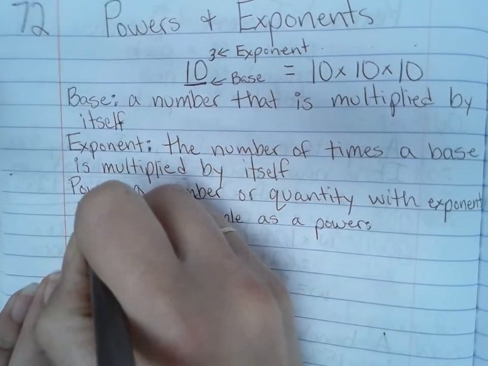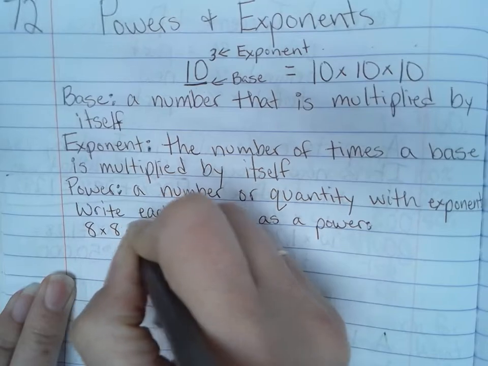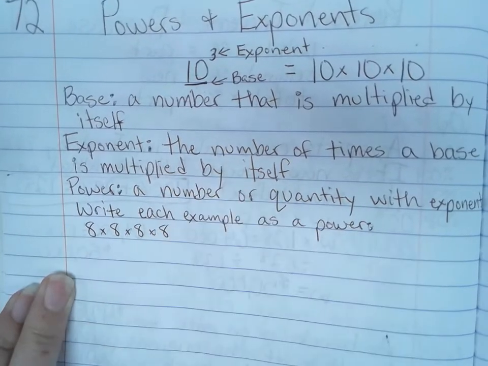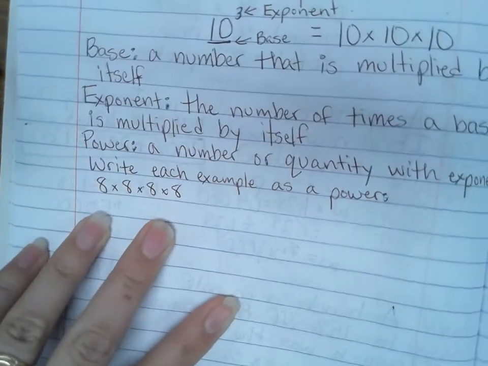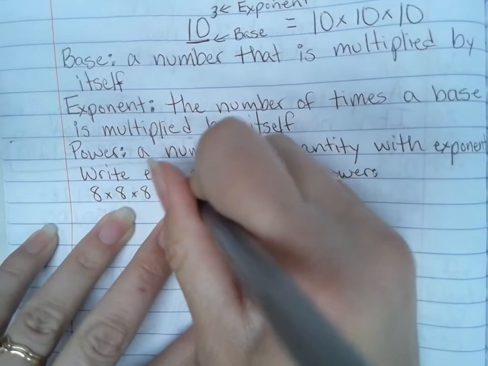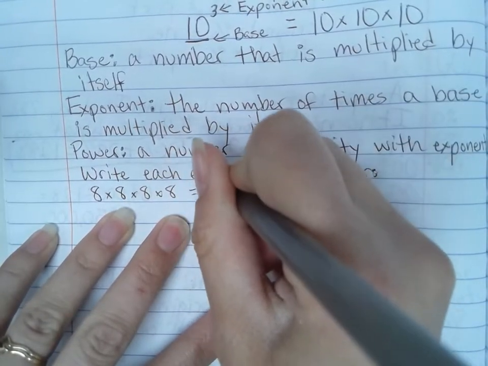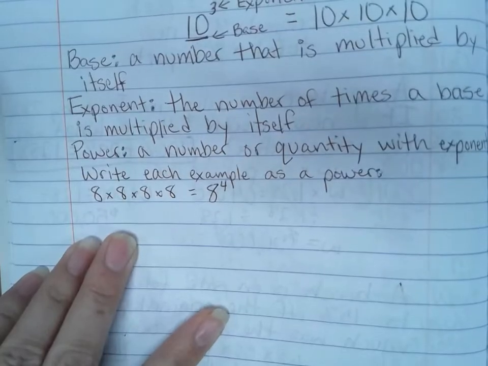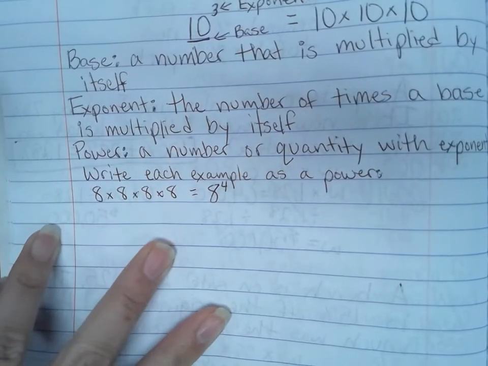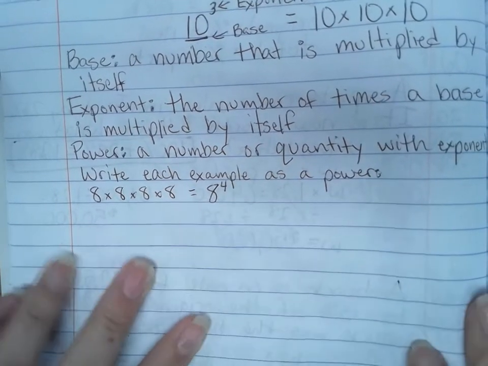So let's say we have 8 times 8 times 8 times 8. Then that would be 8 to the 4th power. 8 is the base, and it's being multiplied by itself 4 times.